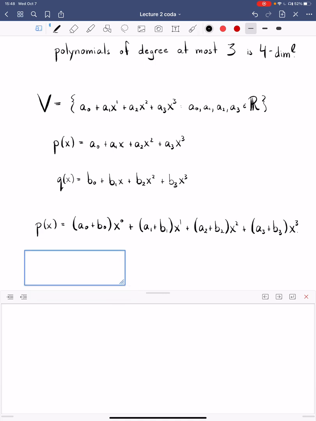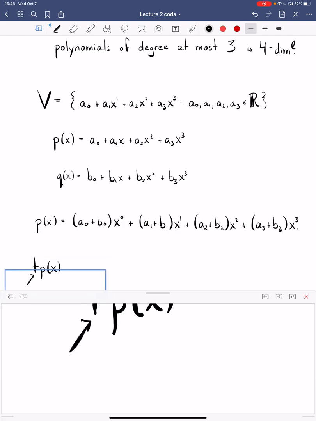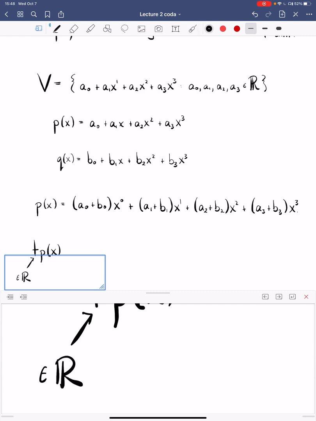And what about scalar multiplication of polynomials? Suppose that I multiply my polynomial p of x by some number t, where t is a real number, an element of the real numbers.